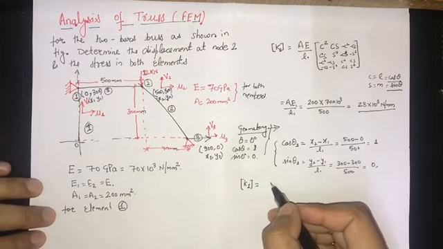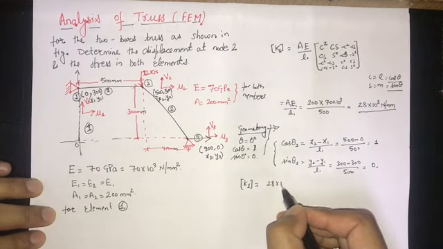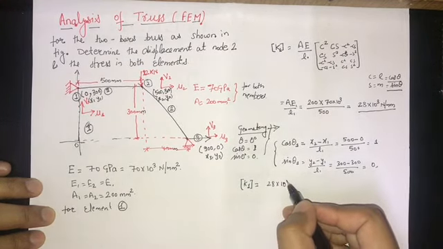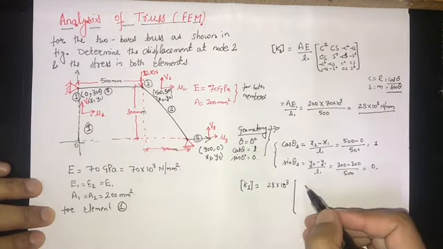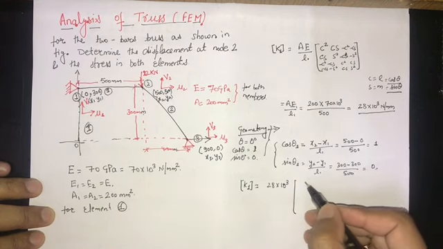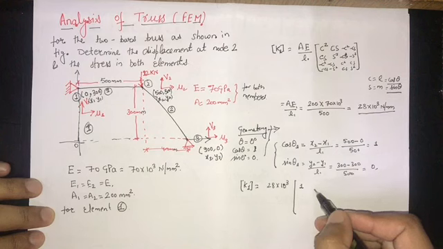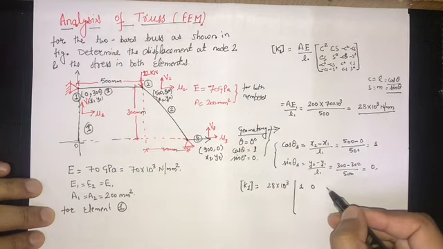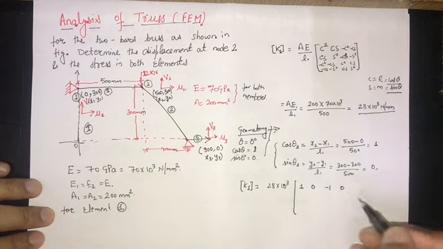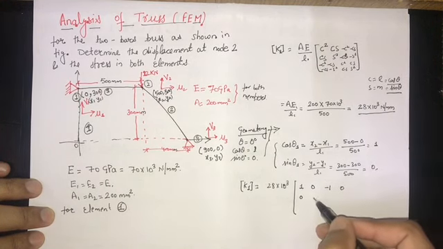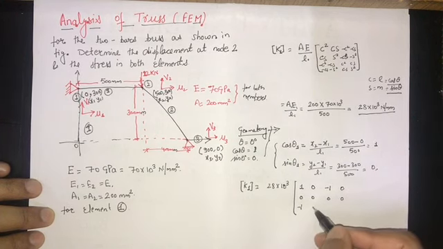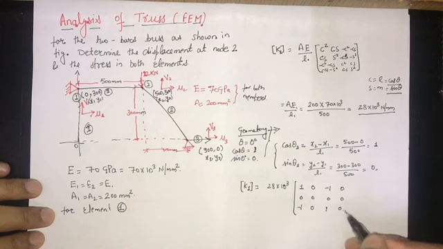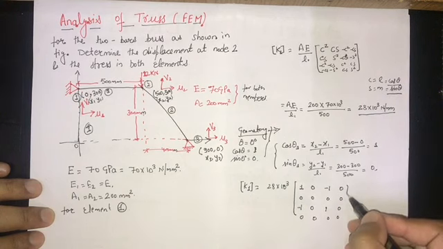So here AE by L is 28 into 10 power of 3, into: c square, c value is 1, so 1 square is 1, cs is 0, minus c is minus 1, and this is again 0, then 0, 0, then minus 1, 0, 1, 0, 0, 0, 0, 0.